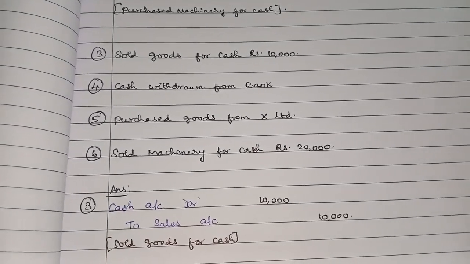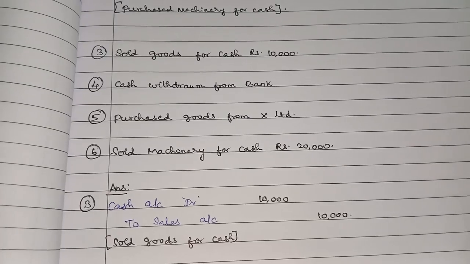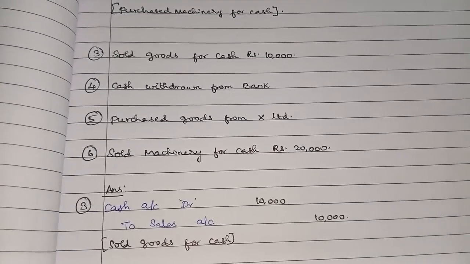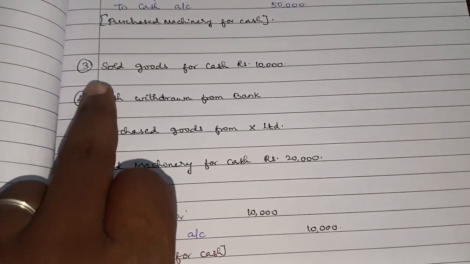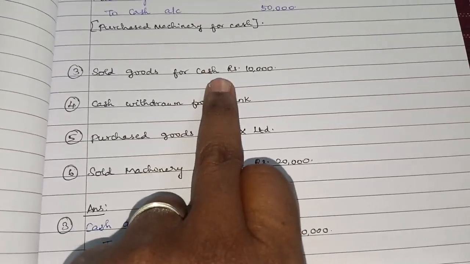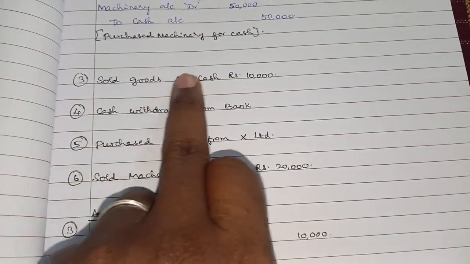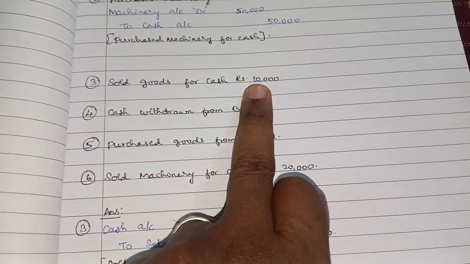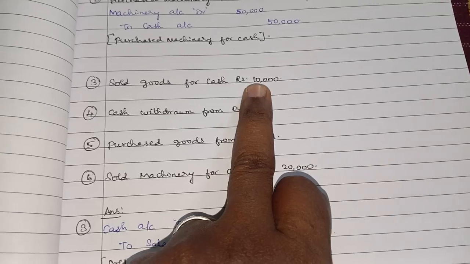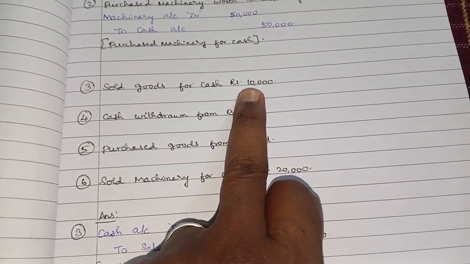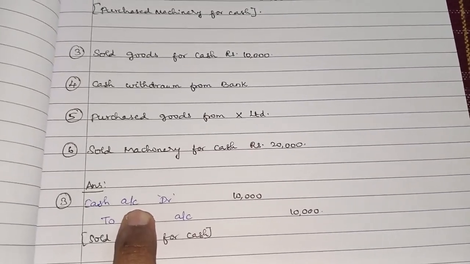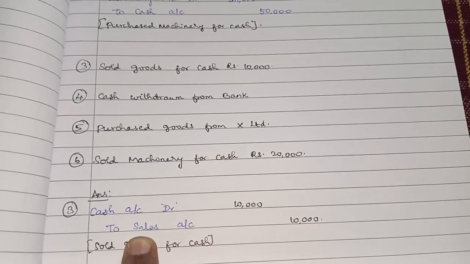Whenever you are putting a transaction or an account, you have to see from your point of view. You are selling goods for cash, rupees 10,000. When you are selling goods for cash, you receive cash. So the receiving aspect should be debited. So cash account debit to sales account.